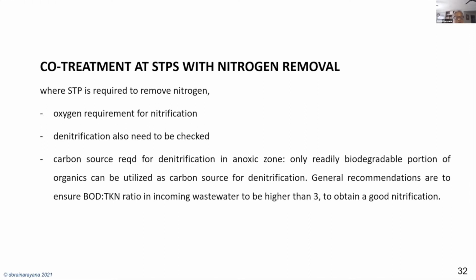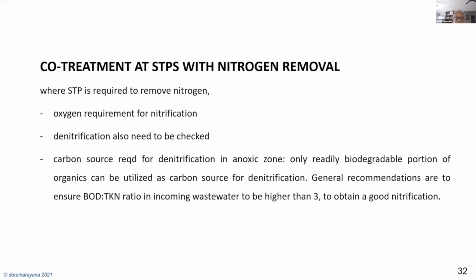So the readily biodegradable carbon must be available for it. And usually in a sewage treatment plant, when we do denitrification, the flow is recycled to the head of the plant, and the incoming sewage is the source of carbon. Here we have to check whether the combined wastewater and sludge has sufficient carbon.